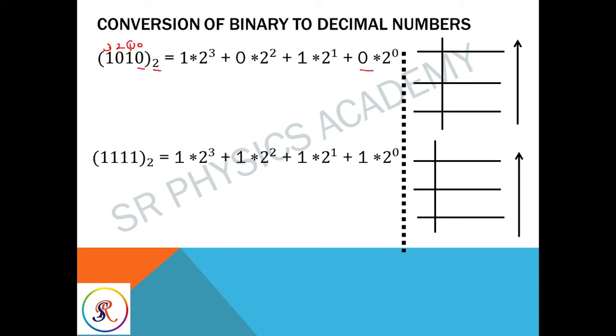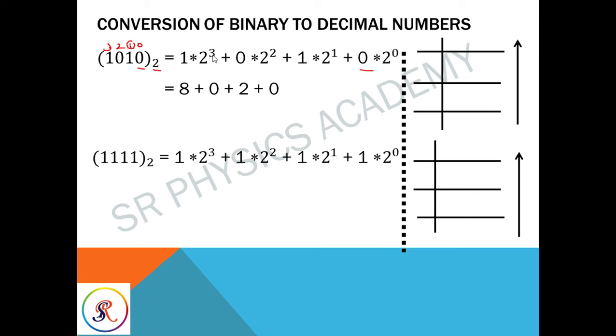If you are an expert, you can directly write 1 into 2 power 3 plus 0 into 2 power 2 plus 1 into 2 power 1 plus 0 into 2 power 0, with the power reducing.